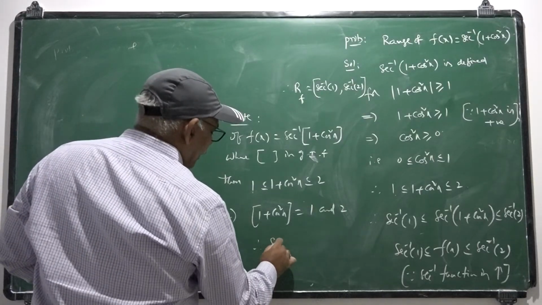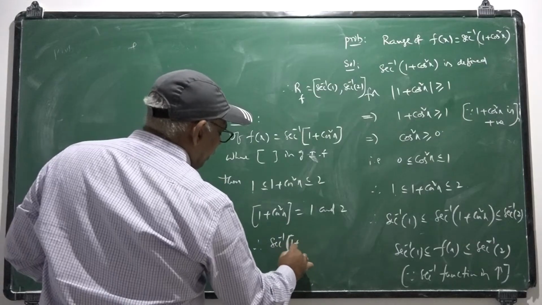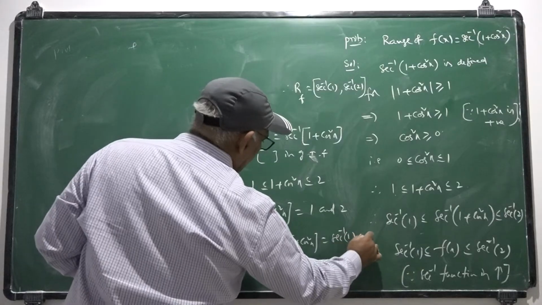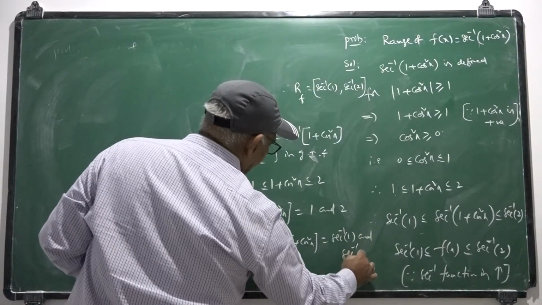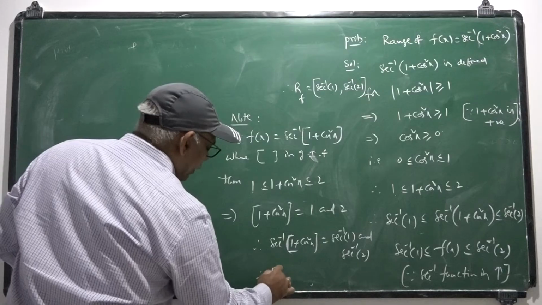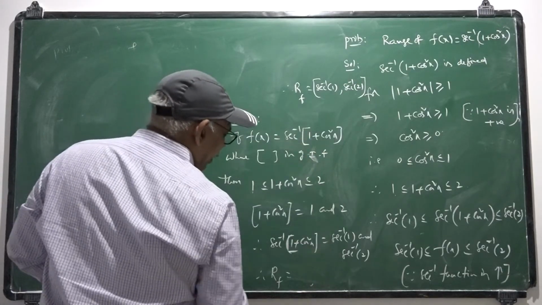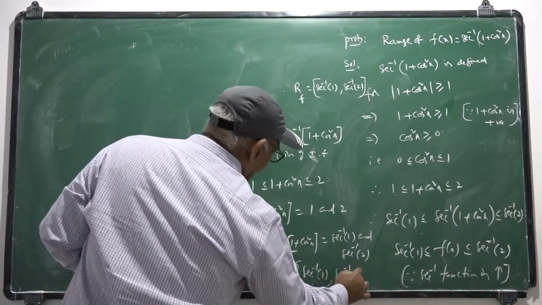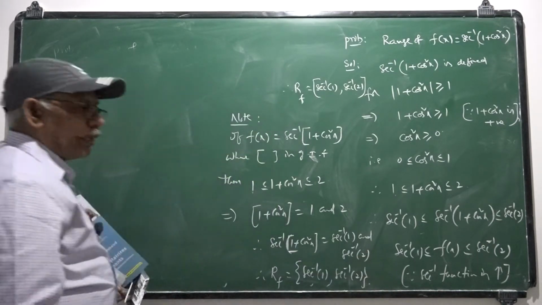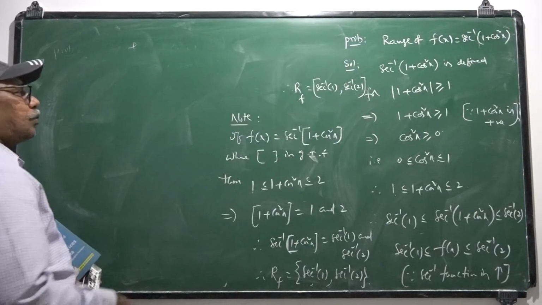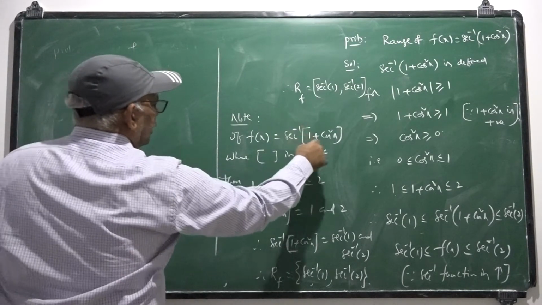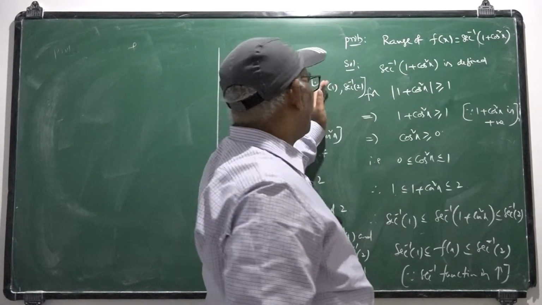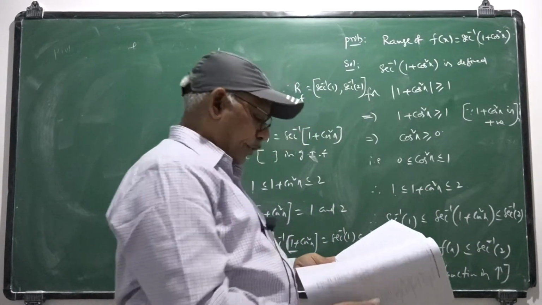In such a case, secant inverse of the step gives secant inverse 1 and secant inverse 2. So therefore, the range of f in such a step case is the set that consists of secant inverse 1 and secant inverse 2 only. The range consists of only two elements. Without the step value, it lies between secant inverse 1 and secant inverse 2.